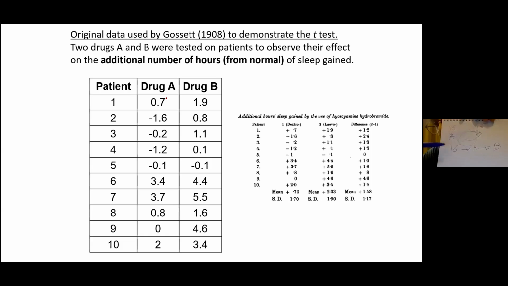You can just take 16 people, give them drug A, record the effects, collect the data, and then wait like a week or something until the drug washes out of their system, then give them drug B, and then collect the data. Here you'll have two different sets of data. You'll have technically two different groups. However, they come from one single dependent group. And that's why we call it dependent samples t-test.